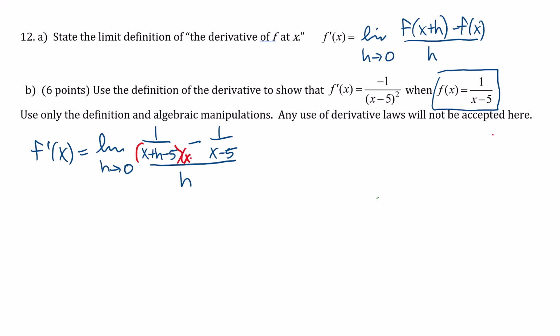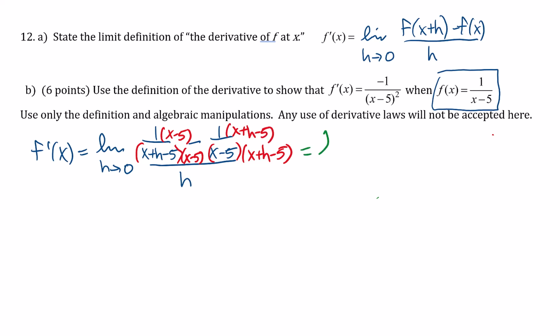So this needs an x minus 5, and this second fraction needs an x plus h minus 5 to get a common denominator, but whatever we do to the bottom, we've got to do to the top. So we need to put x minus 5, and this one needs an x plus h minus 5.